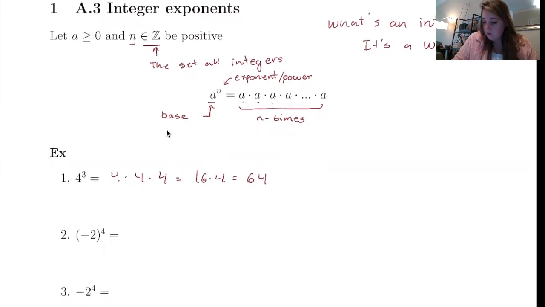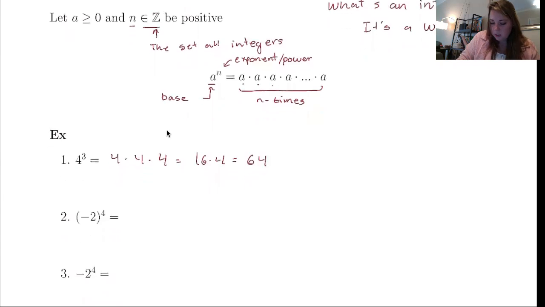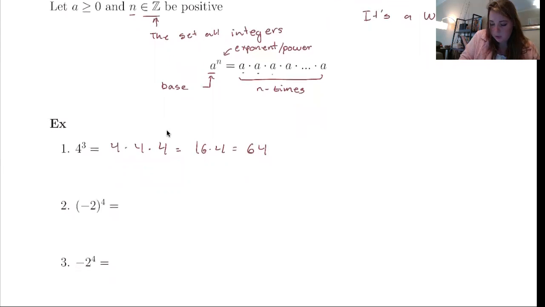These next two examples will really harp on why parentheses are so important in mathematics, and also how to specify what the base is. So let's look at example 2 here. The quantity -2 to the power 4.